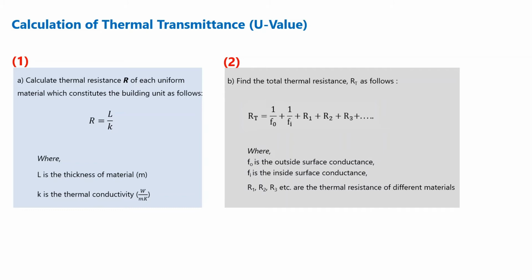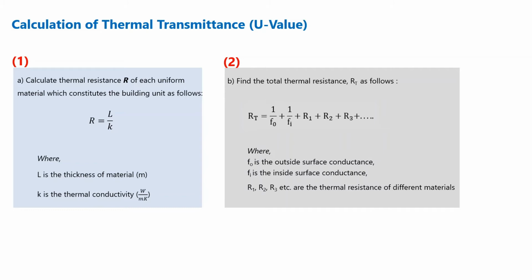Now, along with the R1, R2, R3 of different materials, there is something else called 1 by Fo and 1 by Fi. It means the exterior heat transfer coefficient and the interior heat transfer coefficient. When air hits the wall at the outside, there will be some friction.